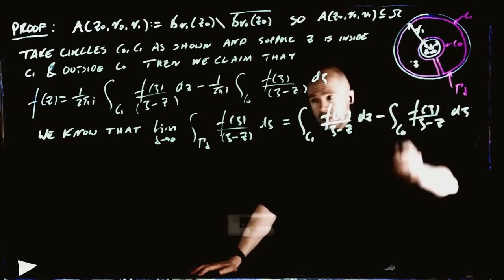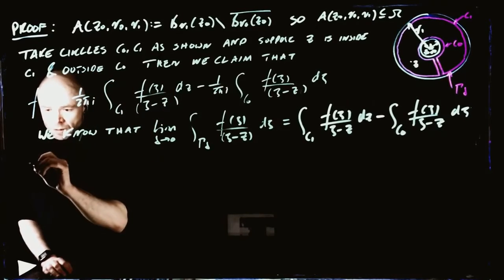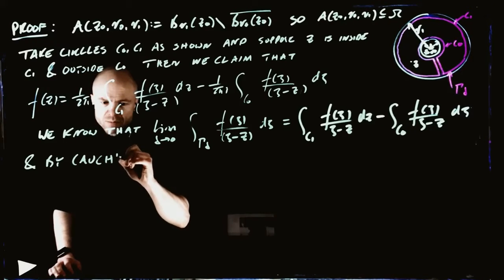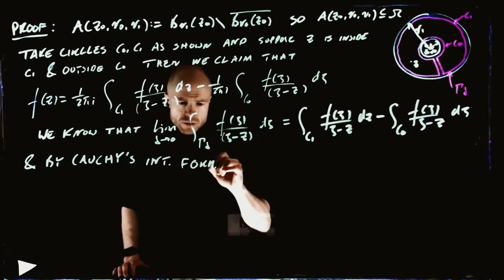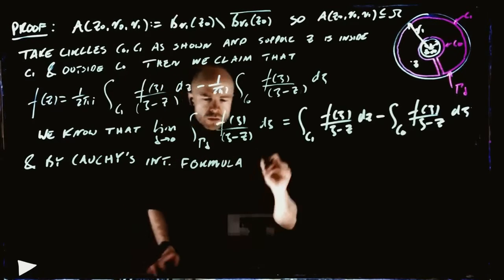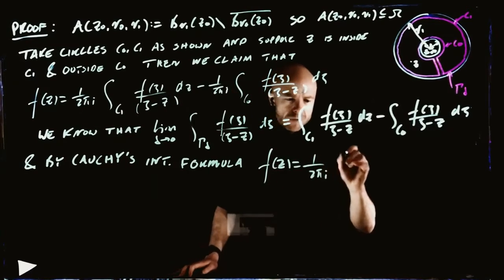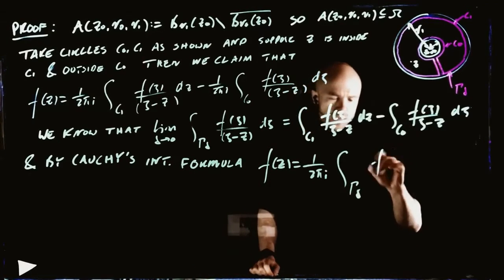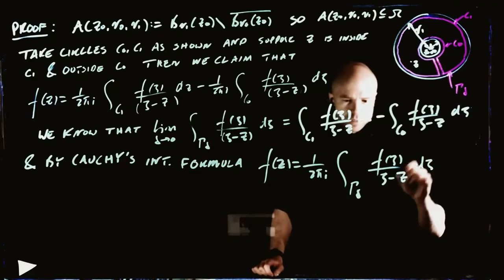So yes, this thing is something we can apply Cauchy's integral formula to. So by Cauchy's integral formula, we have that f of z equals 1 over 2 pi i, the integral of this thing for any choice of delta of f of zeta over zeta minus z d zeta, like this.